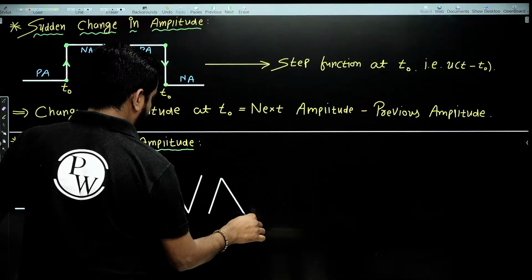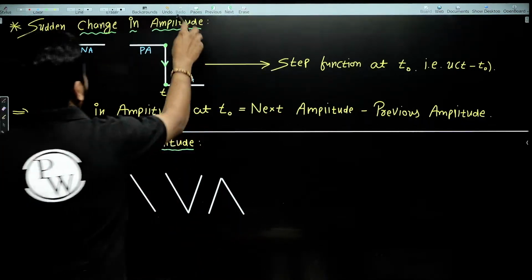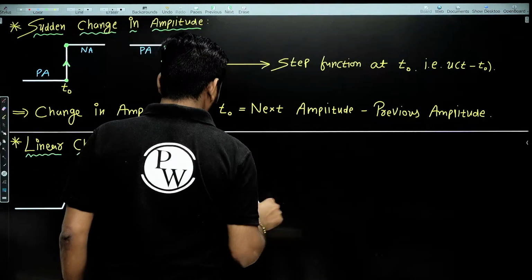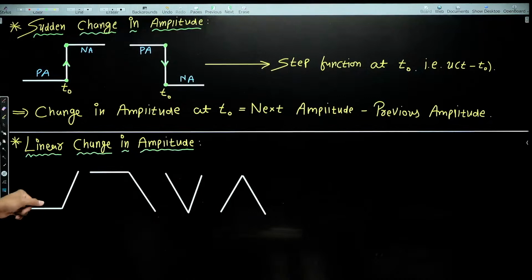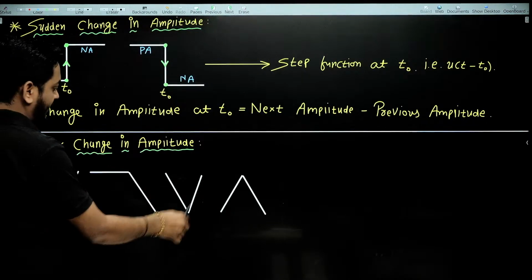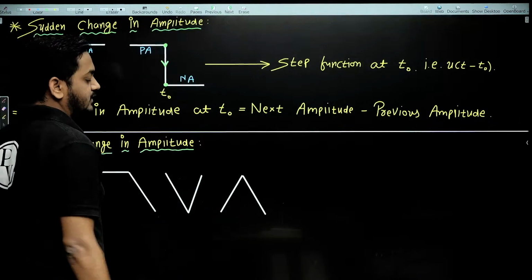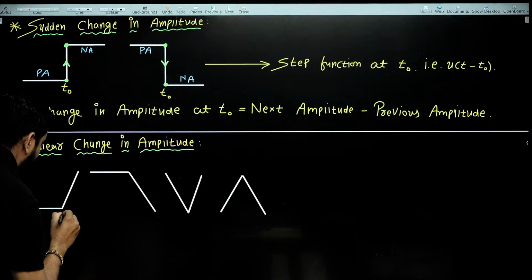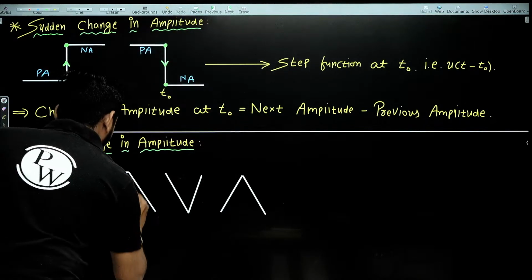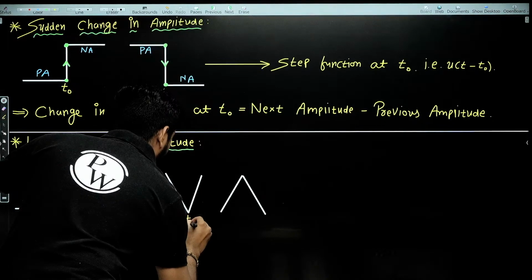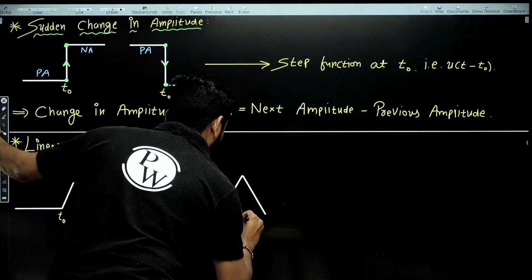All of these are linear changes in amplitude at T naught.